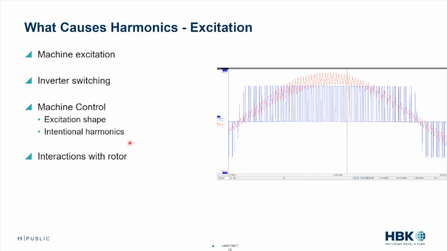And then the excitation, even if it's a pure sine wave, could have interaction with the rotor, the magnets on the rotor, to, again, create harmonics in the profile. So we need to consider that inverter, that motor control, that machine excitation are going to cause harmonics, again, good or bad. A lot of people always probably get this question, are harmonics good or bad? It depends, because there's some good ones, some bad ones.